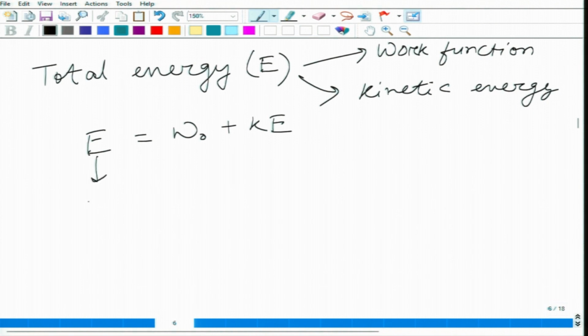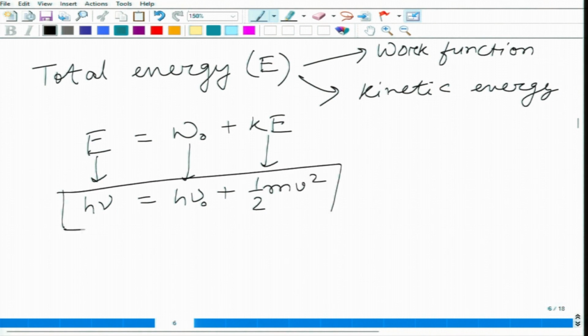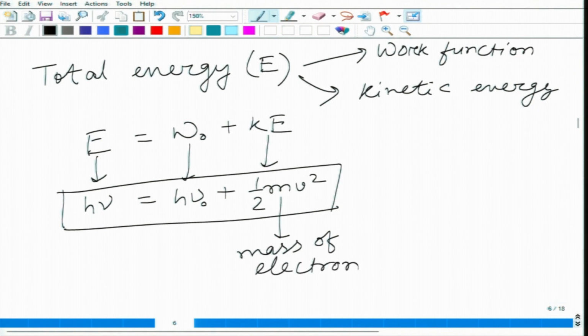Now E is h nu, equal to the work function h nu naught, where nu naught is the threshold frequency, plus kinetic energy, which is half m v square, where m is the mass of the electron and v is the velocity of the electron.